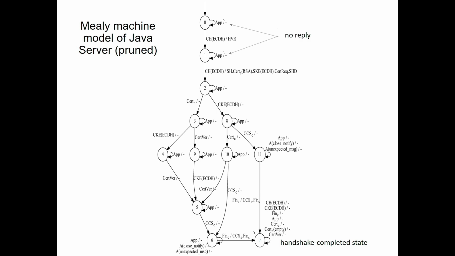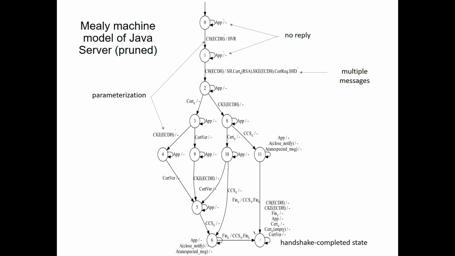I can tell you how to read this. In these states, there are inputs and outputs. The input here is an app, an application message, and there is no reply in these cases where you have a dash. You can have multiple messages as replies, sequences.